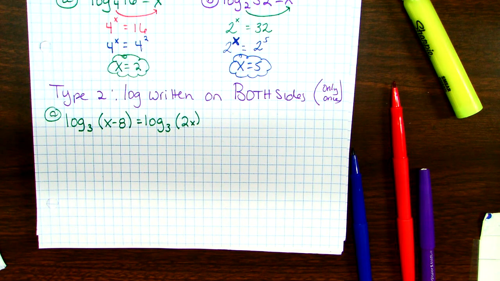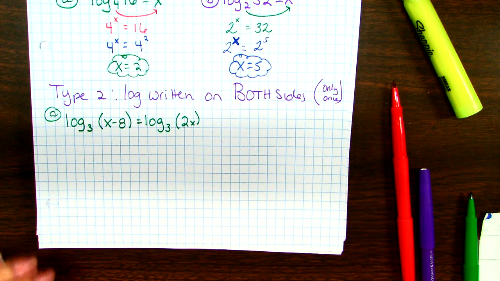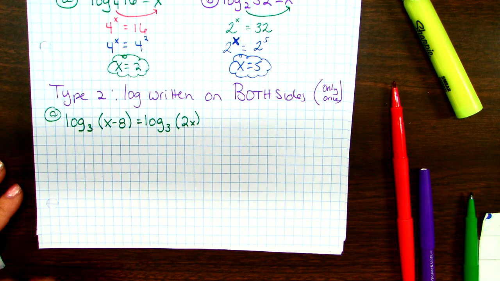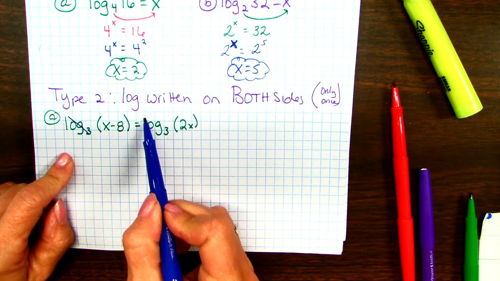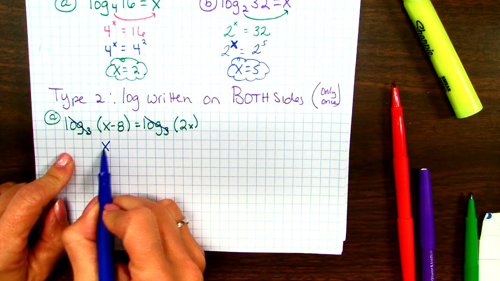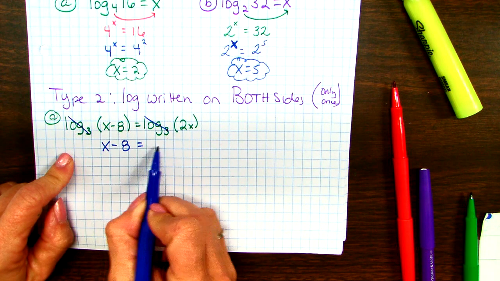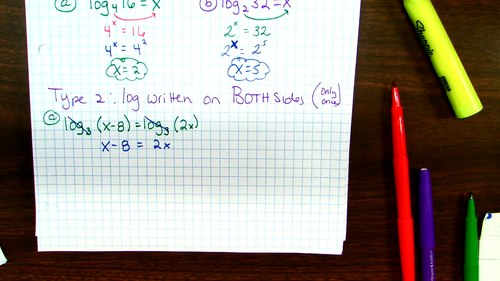These might be the easiest of the 3 types, because the equation is balanced the way it is right now. Because log base 3 equals log base 3, you can cancel those out, and then you're just left with whatever is left, right? x minus 8 equals 2x, and then you just solve the equation. We have x's on both sides.